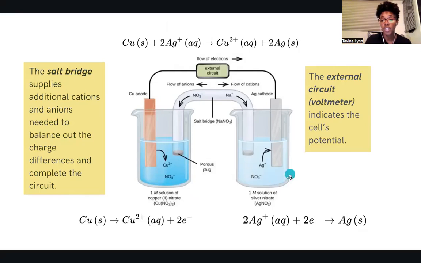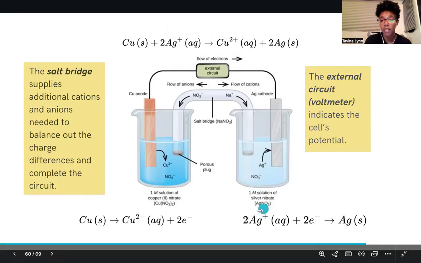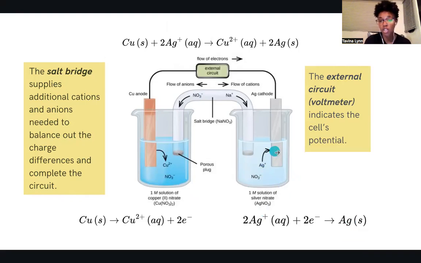In the reduction half cell, we have a loss of positive charge, because we're going from silver plus to silver neutral. As the electrons flow, we're losing positive charge. So that's why our sodium ions flow into the cathode to make up for that loss.